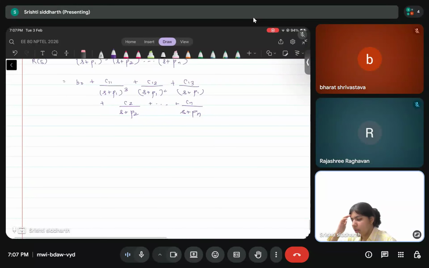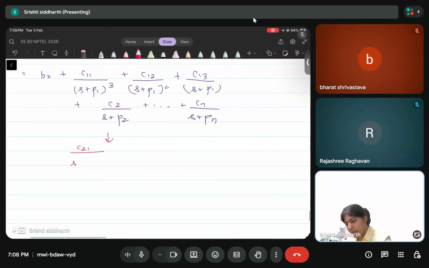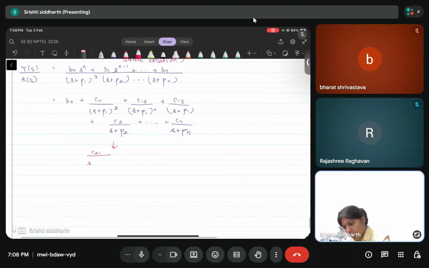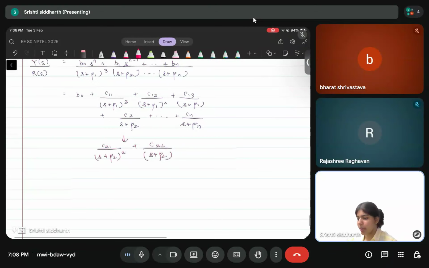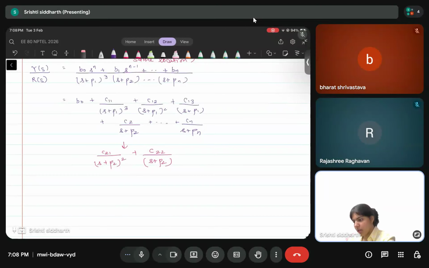If there were multiple poles at the second location, for example 2 eigenvalues at p2, this would be c21 over (s plus p2) squared plus c22 over (s plus p2), right? And now we have to calculate the coefficients c12, cn, all these.